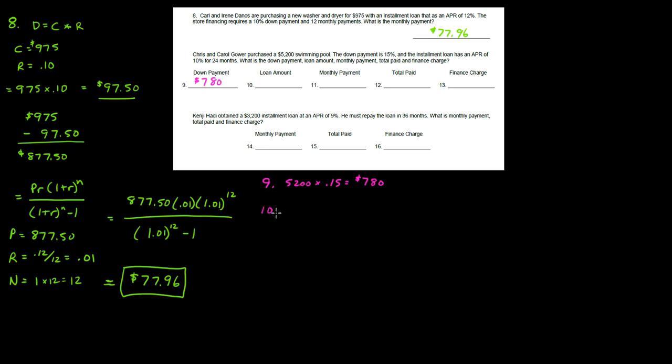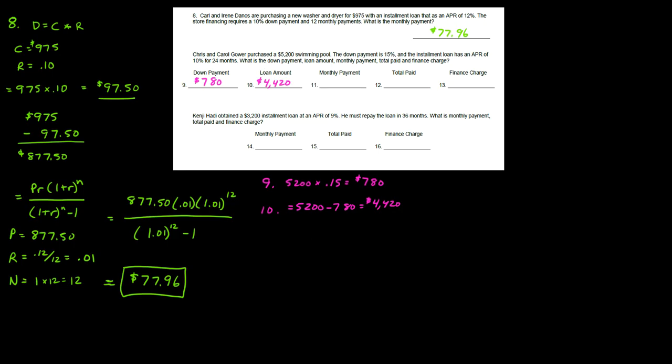The loan amount is the cost of the item, $5,200, minus the down payment, $780. The difference is the amount that we actually have to borrow. So here we're borrowing $4,420. That is the loan amount.